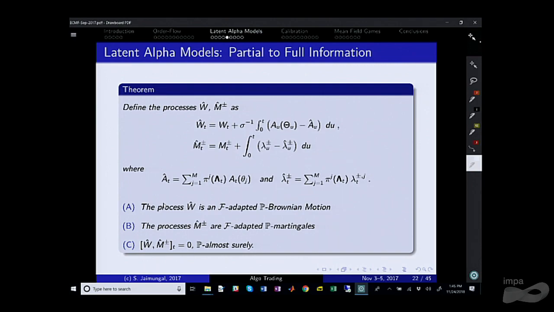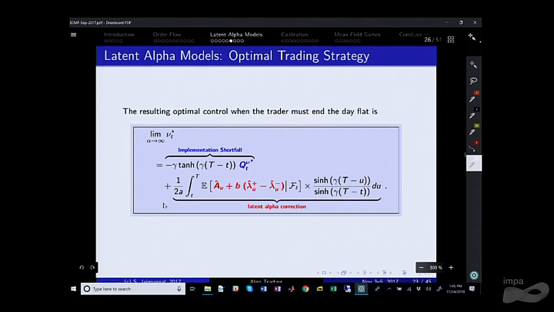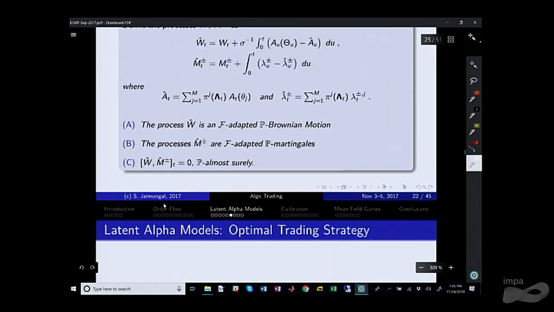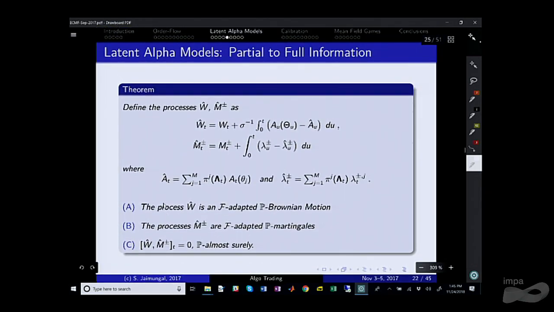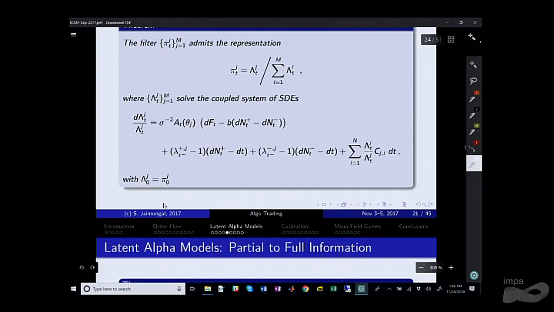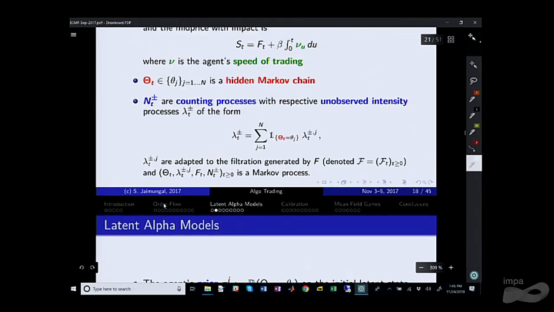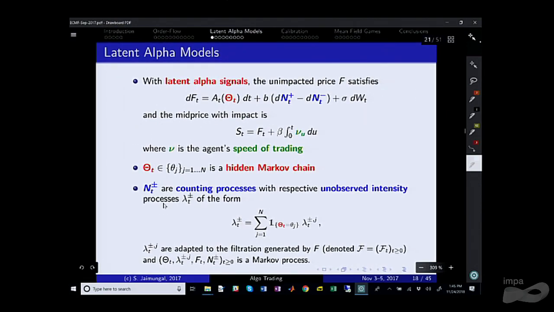So again, the details, let's not worry about it. What this analysis does for you is it shows you that you can rewrite the price process. Let's go back to the price process here. You can rewrite this price process in terms of stochastic processes that you can see. There's a reformulation of them in terms of objects that you can see.